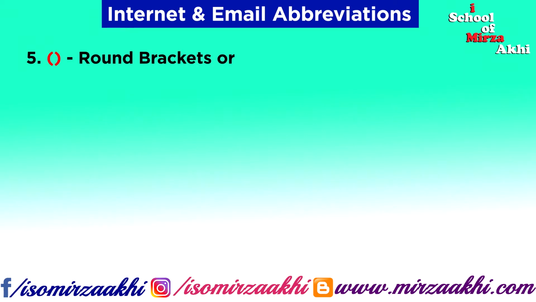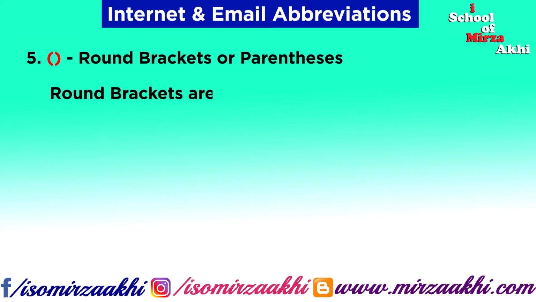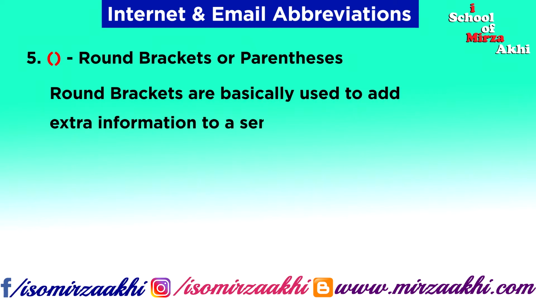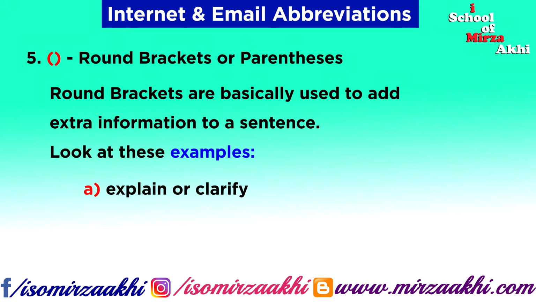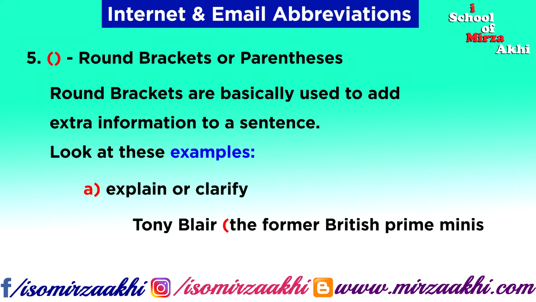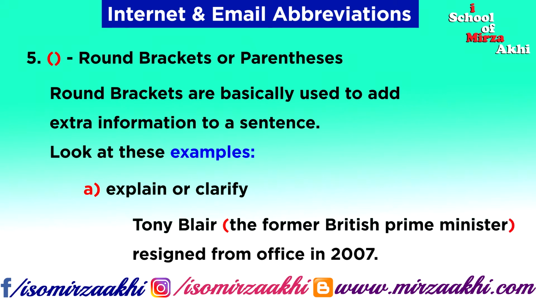Round brackets or parentheses. Round brackets are basically used to add extra information to a sentence. Look at these examples. Explain or clarify: Tony Blair (the former British Prime Minister) resigned from office in 2007.